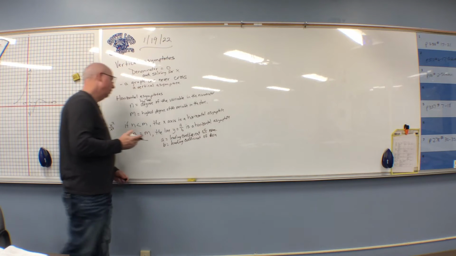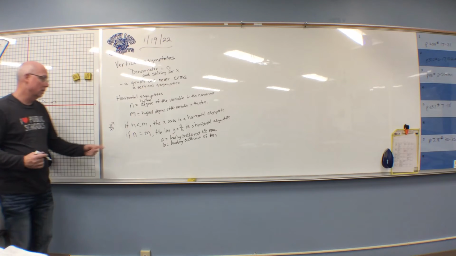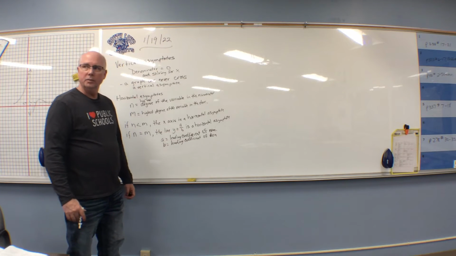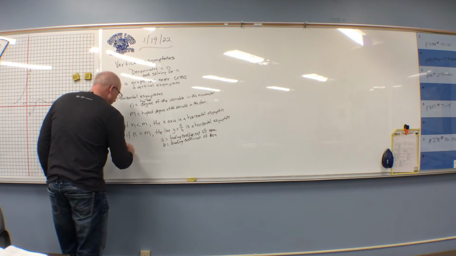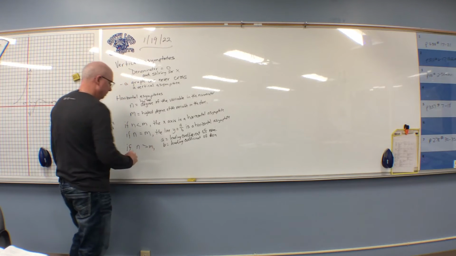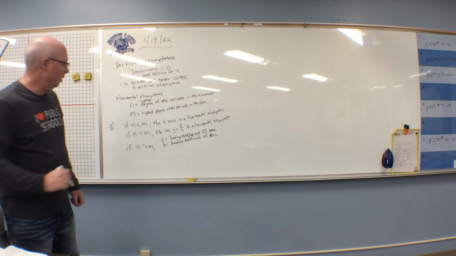So you just take the leading coefficient of the numerator over the leading coefficient of the denominator, and what you have is the asymptote. y equals that. So this is a horizontal line. Do you understand it? It's a horizontal line because it's y equals. And then the last one, obviously n is greater than m, no horizontal asymptote.